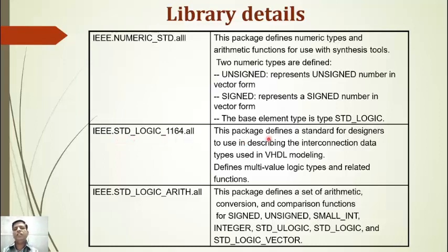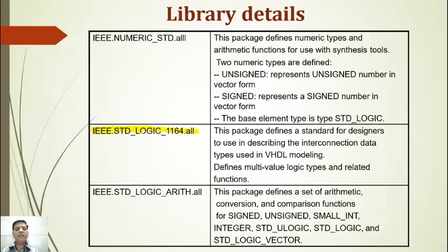IEEE.standard_logic_1164.all. This package defines a standard for designers to use in describing the interconnection data types used in VHDL modeling. It defines multi-value logic types and related functions. Number of times in university practical examination, the library can be asked by the examiner.